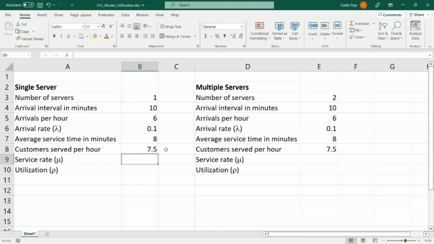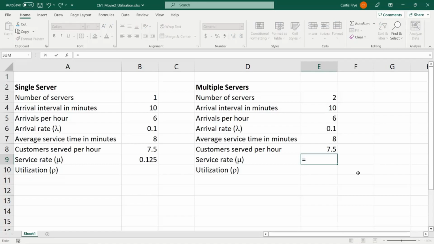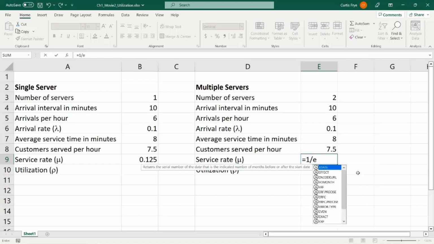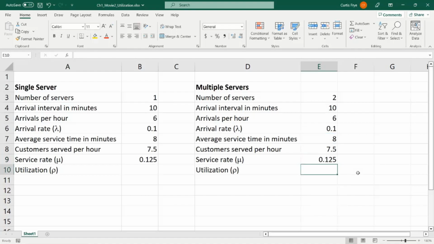And the service rate will be 1 over the average service time in minutes. So that's 1 divided by B7. There we go. 1 divided by 8.125, correct. And then in E9, we'll do the same thing for column E. So that will be 1 over E7. Enter. Looks good. And now the difference begins.